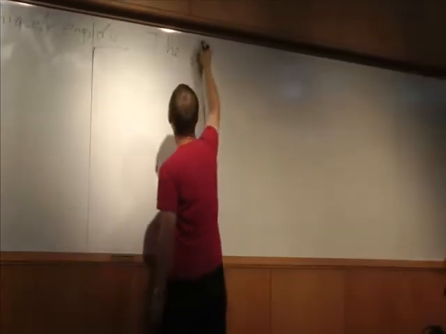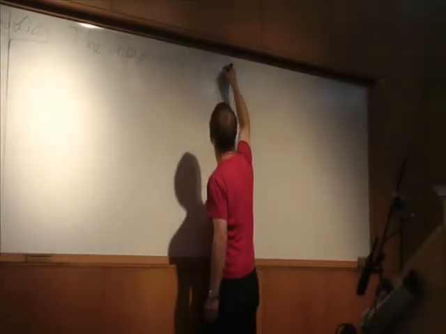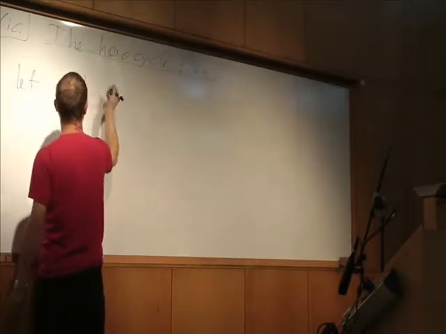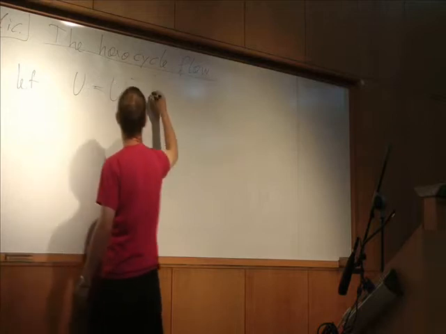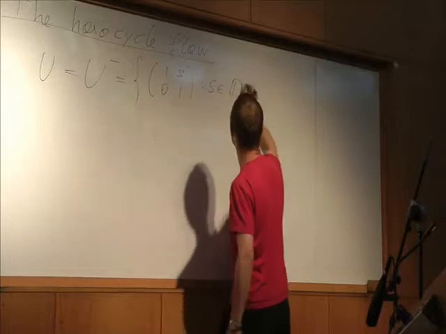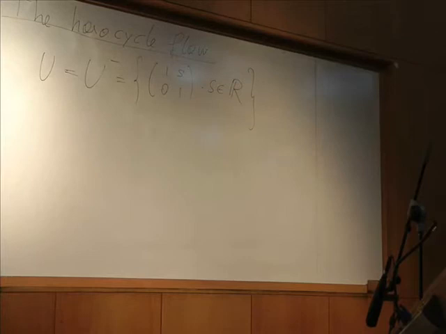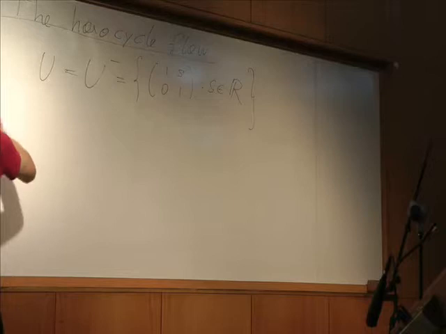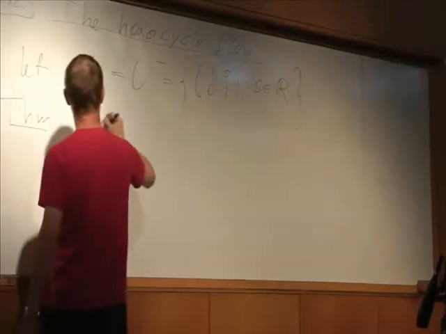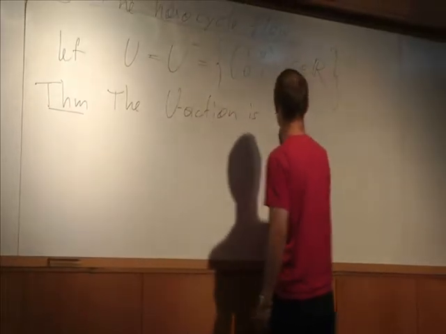The horocyclic flow is the new topic. And we define U equal U minus equal to this group, (1 s; 0 1), s in R. And we replace A, which we talked about before, by U. Theorem, the U action is ergodic.